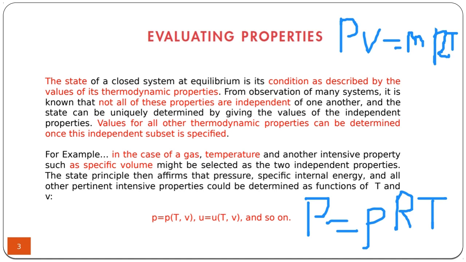By the way, the specific volume is the inverse of the density. So specific volume is 1 over rho. Rho, as you know, is the mass of a substance per unit volume, and specific volume is the volume of a substance per unit mass. So they are inverse of each other. Sometimes you can see it as specific volume, sometimes 1 over density. They are just inverse of each other.